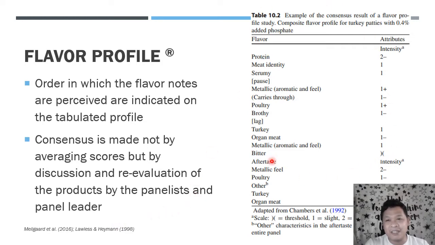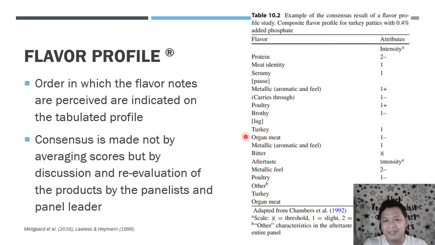So here's an example of the results for consensus for the composite flavor profile of turkey patties with 0.4% phosphate. So take note, no, those are descriptors for flavor na serumy, metallic, poultry, brothy. So tapos may mga lag and pause pa.